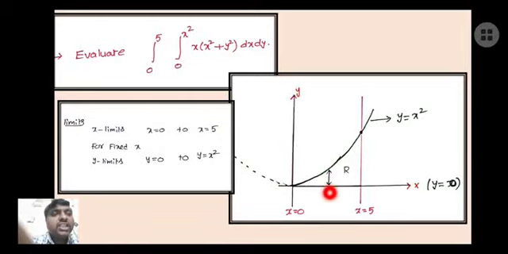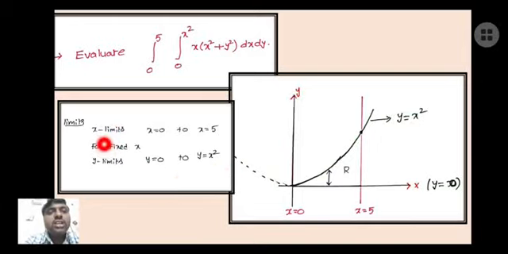Y is varying from the lower curve to the upper curve. In the lower curve, the y value is equal to 0, which is a straight line in this figure. The upper curve is a parabola, y is equal to x square. So y is equal to 0 to y is equal to x square.